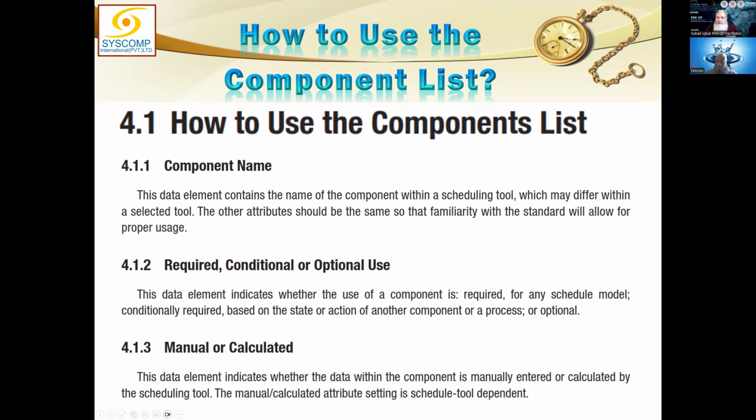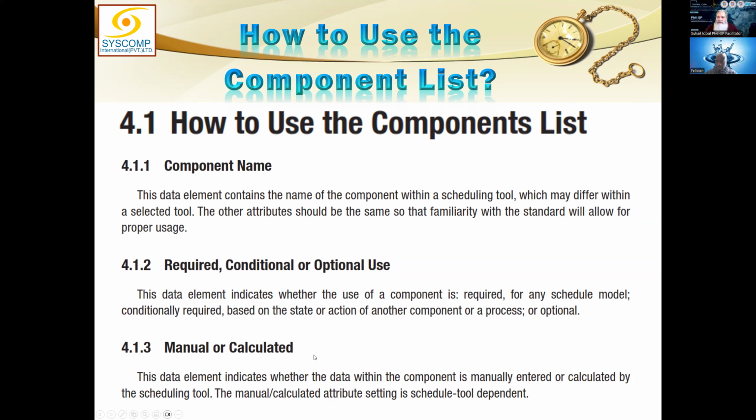Meaning if you are exercising risk related components, then it is KRC, a risk required component. That is a conditional. ERC is a conditional. RRC is a conditional. Or if it is required, it is R. Or if it is optional, it is O. Based on the state and action of another component or a process. Or it may be optional.